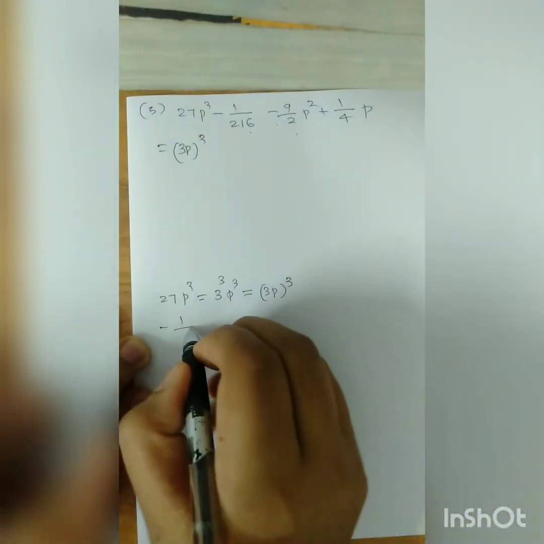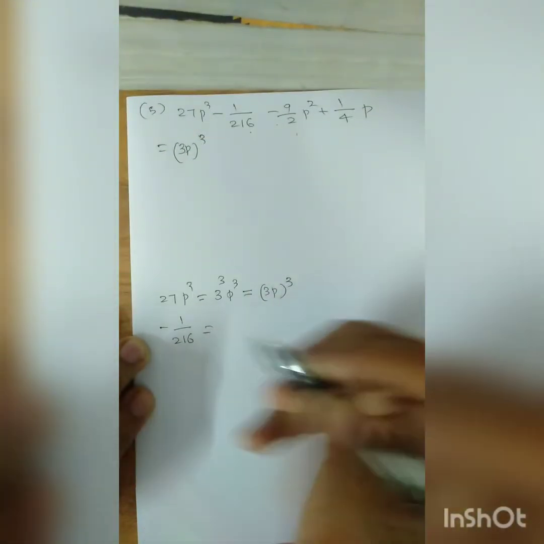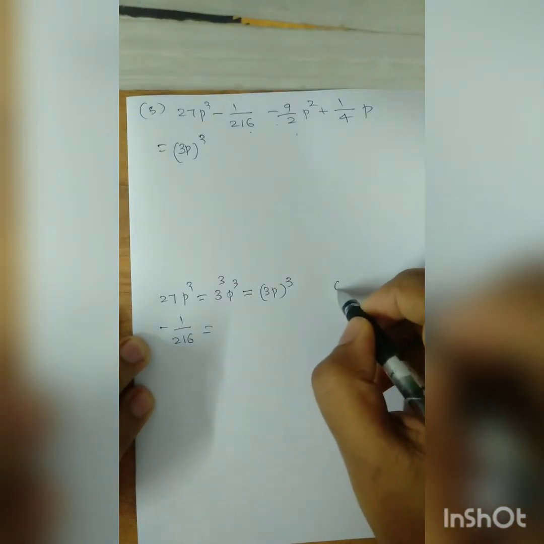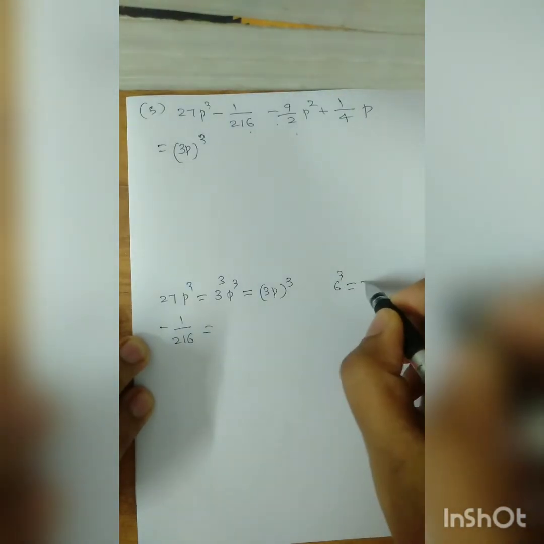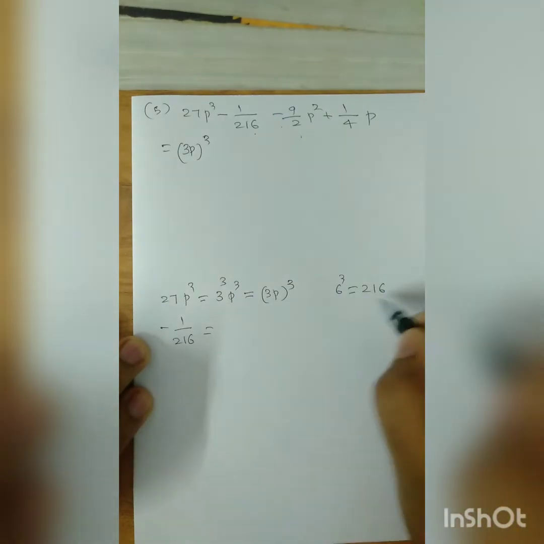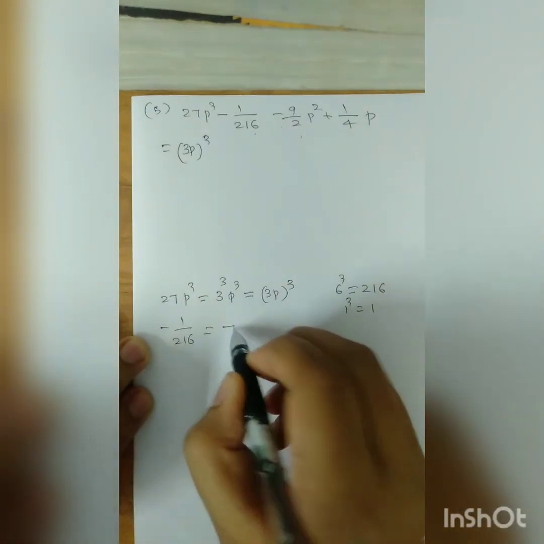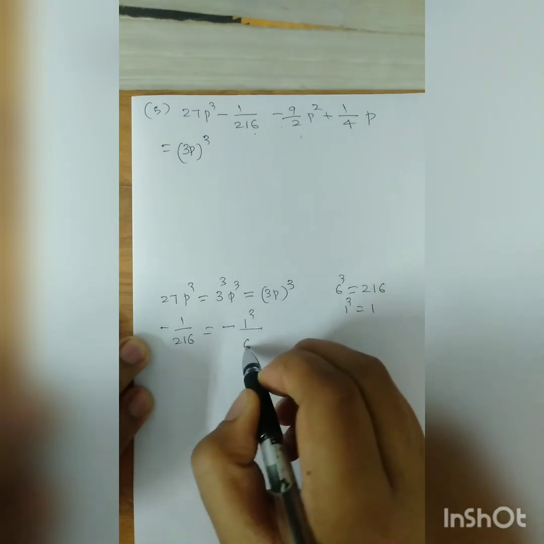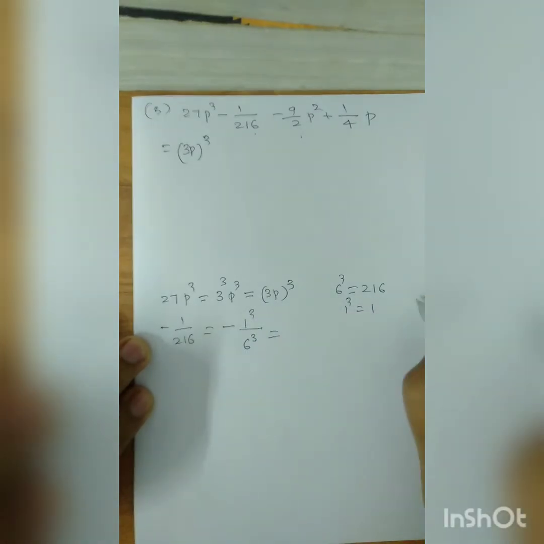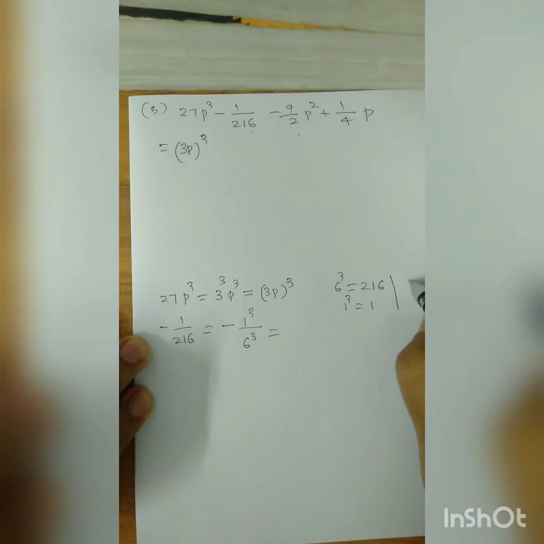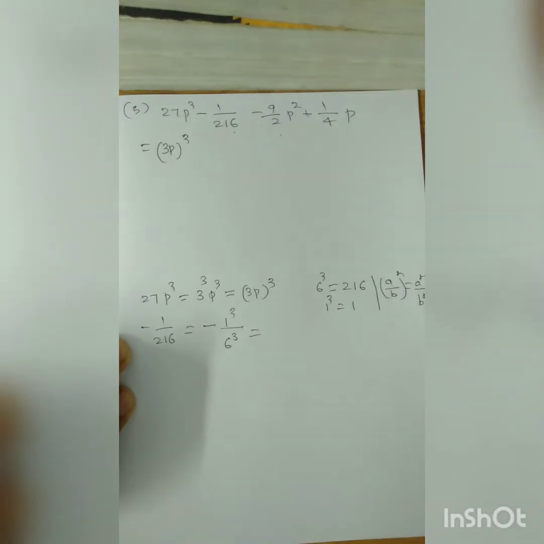Next term is minus 1 by 216. We know that 6 cubed is equal to 216. So also 1 cubed is equal to 1. So which is equal to minus 1 cubed by 6 cubed. We know that a by b the whole raised to n is equal to a raised to n by b raised to n.